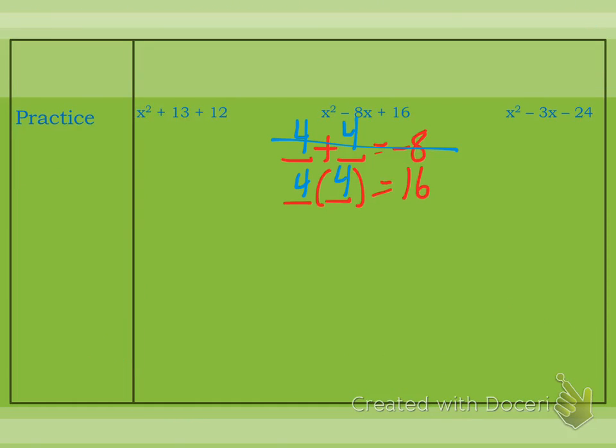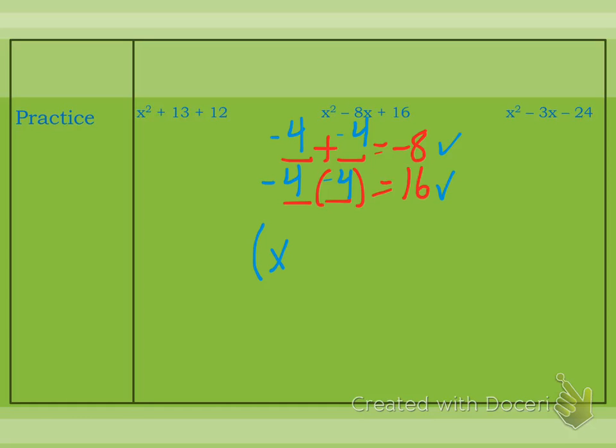So when I go back, I'm just going to change what I had here. And instead of saying 4, I'm going to say negative 4 times negative 4, because negative 4 times negative 4 does equal 16. So that's good. Negative 4 plus negative 4, that equals negative 8.